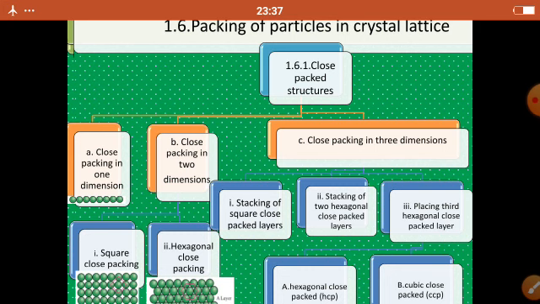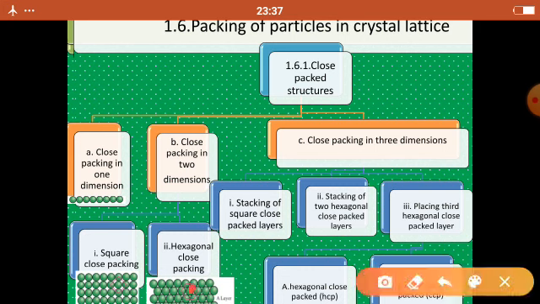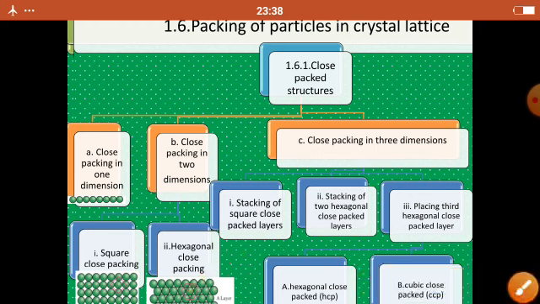Suppose this is the central sphere. This central sphere is surrounded by another 6 spheres, and that's why its coordination number is 6. If we join these 6 spheres, you get a hexagon shape, and that's why this type of packing is called hexagonal close packing in two dimensions.